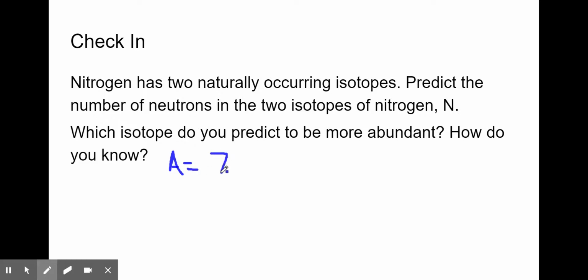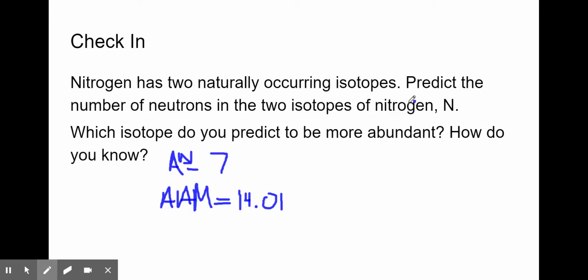Nitrogen has an atomic number of 7, okay? And the average atomic mass from the periodic table is 14.01, okay?